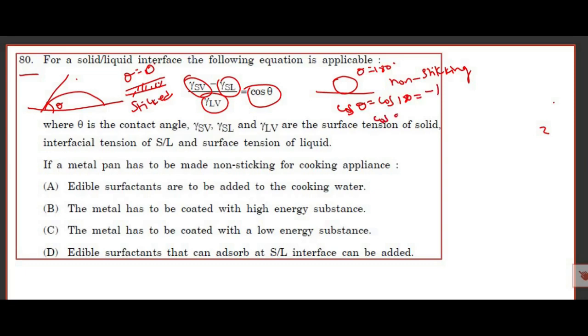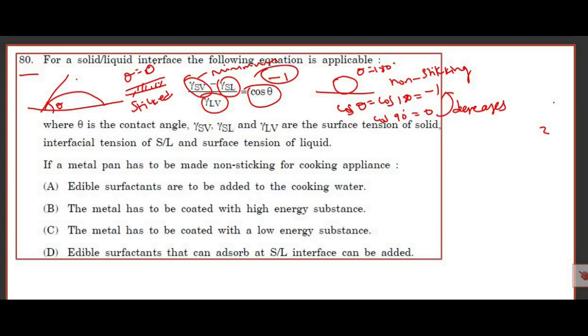So cos 90 is equal to 0. Hence the value decreases. So this should be a minimum, to get cos theta a negative value.